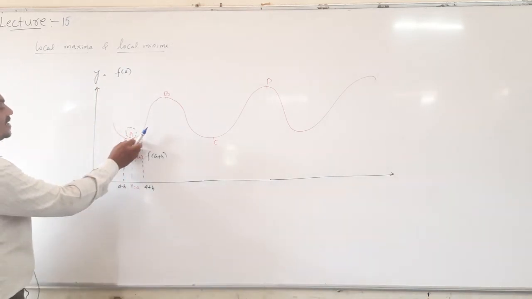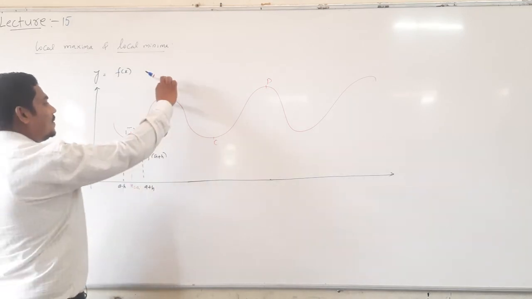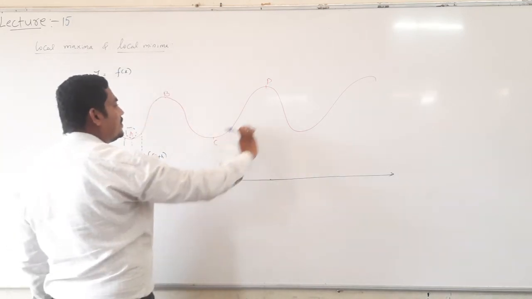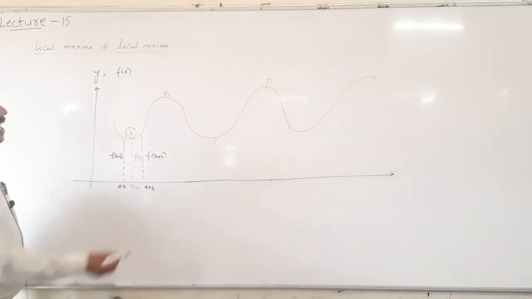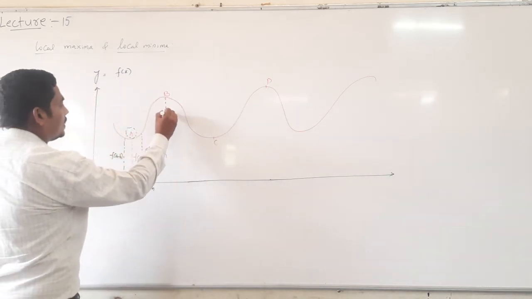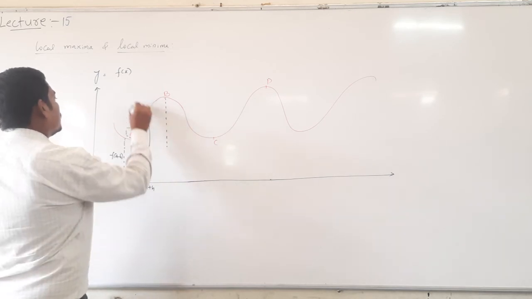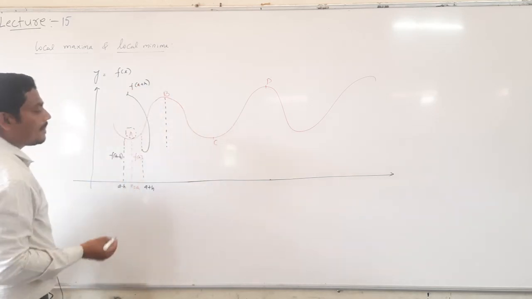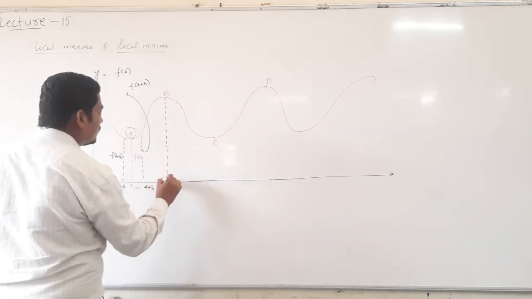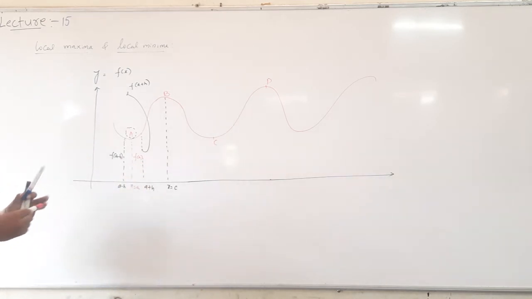Here the function attains minimum value, here maximum, again minimum, maximum, and so on. This is f of a plus h, and it is at x equal to c. This is f of c.